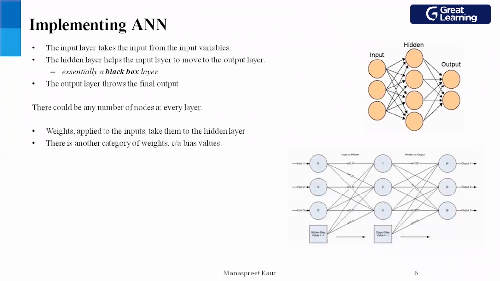And there is another category of weights. One is the weights that are applied to the input variables. The other category of weight we call the bias values. Bias values are again used to train the neural network. This can be compared with regression. We used to have a similar thing wherein some weights are assigned to each of the variables. Those were the coefficients in regression, when you would get an equation like y equals a plus b1x1 plus b2x2 plus b3x3 and so on.